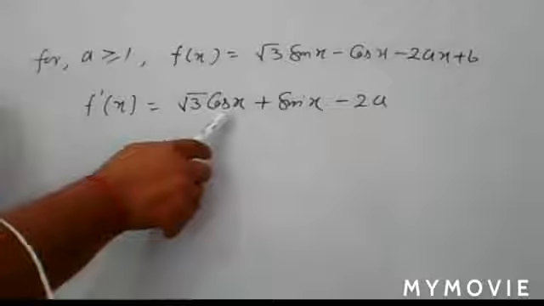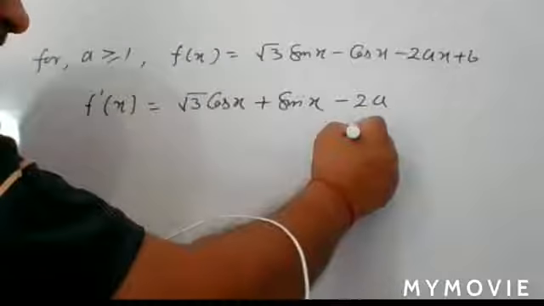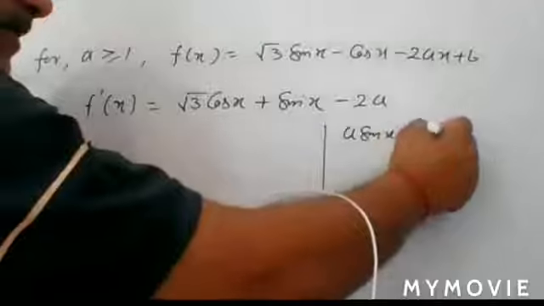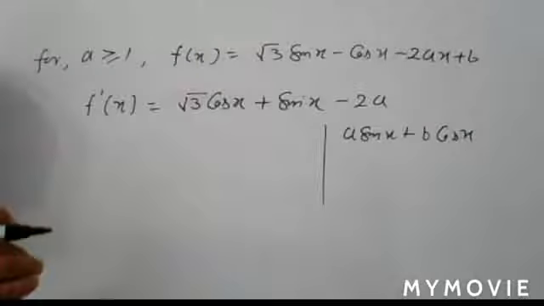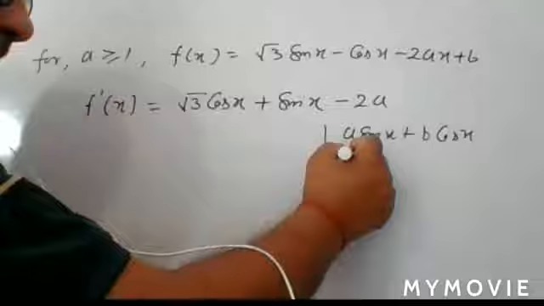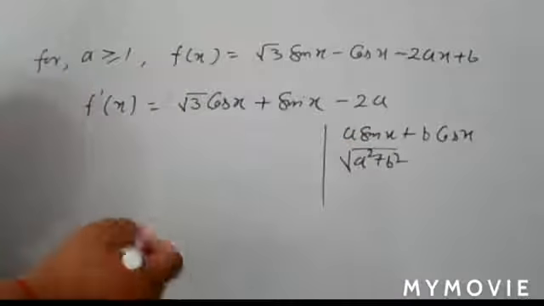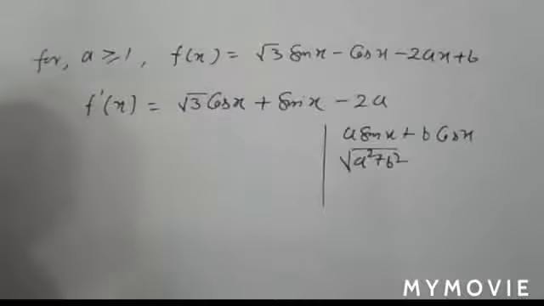You know the concept: if your equation is like that, a sin x plus b cos x, and if you want to convert this in a single sine or cos, you have to multiply and divide by under root a square plus b square, right? Then that can be very easily converted in the terms of sine or cos.